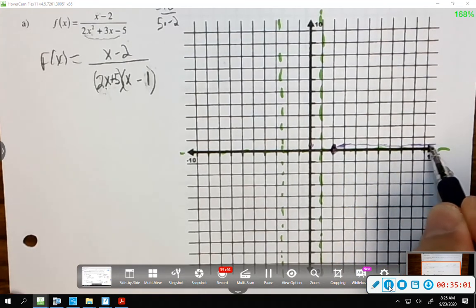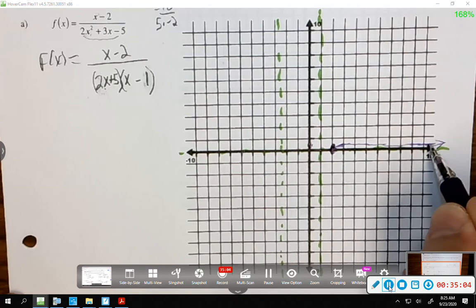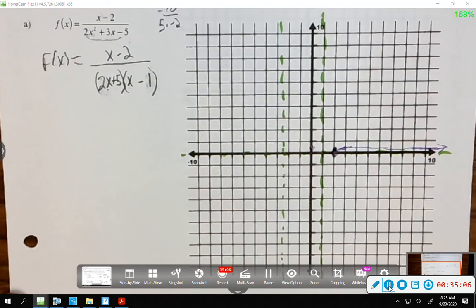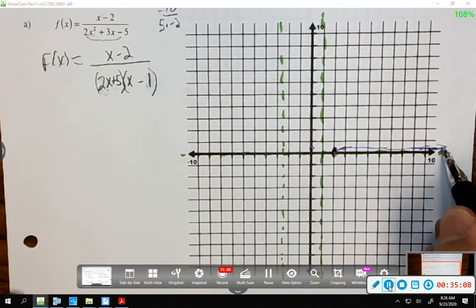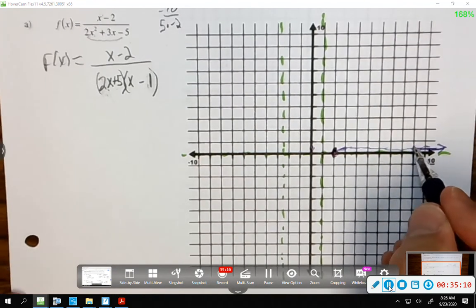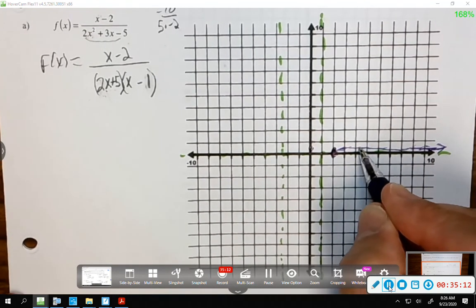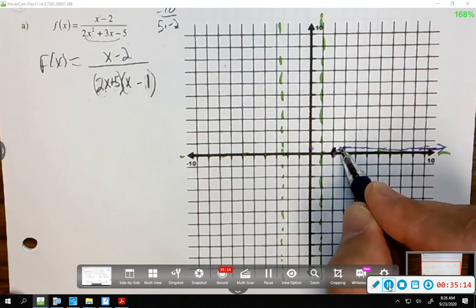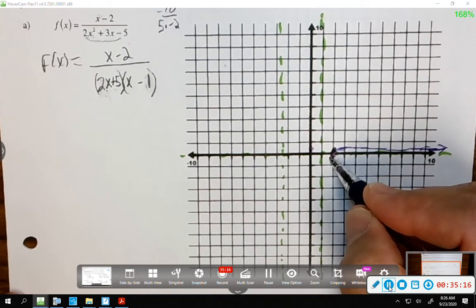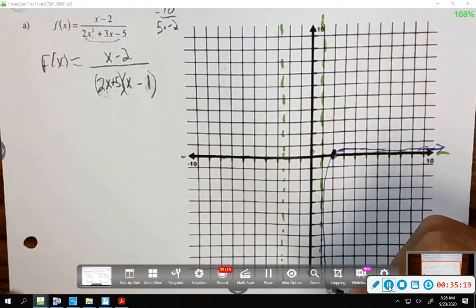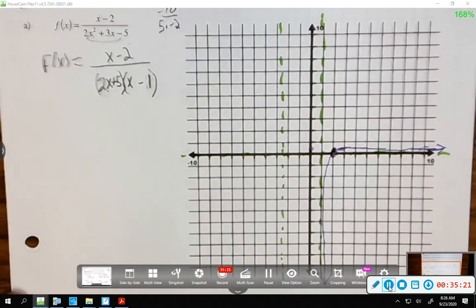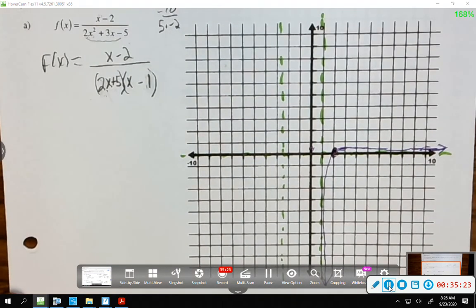That's the definition of a horizontal asymptote. As x goes to infinity, this graph's going to get closer and closer and closer. So really what happens is this comes back, it has to be getting larger this way, and this has to cross through and go down here. What? We're crossing through a horizontal asymptote? Yes. You can cross through a horizontal asymptote.